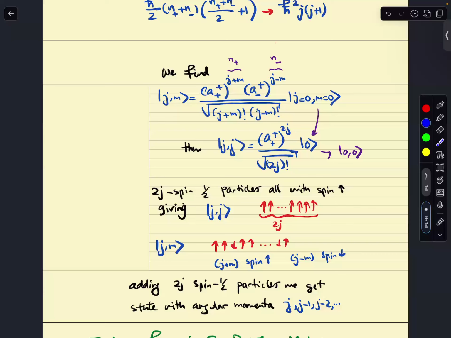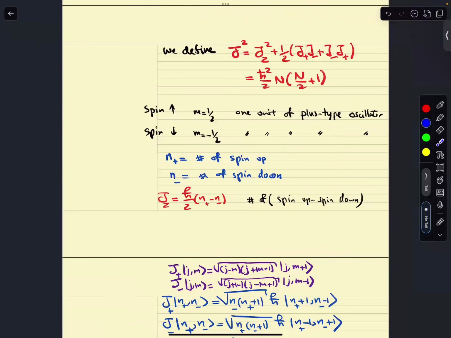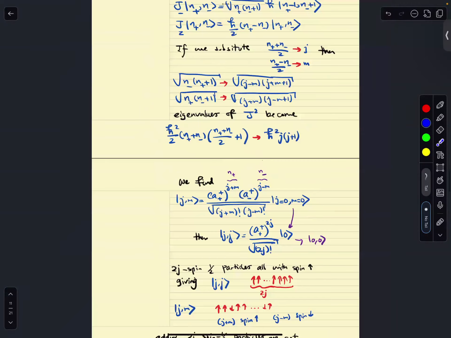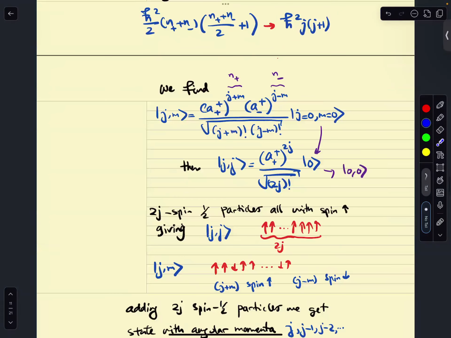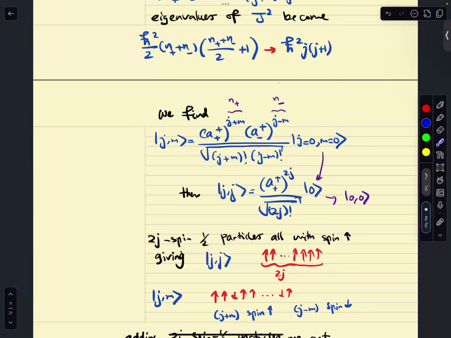Now the ket jm is still these 2j little spin degrees of freedom, where now j minus m of them are down and j plus m of them are up. Right? This is what I meant when I said n plus is the number of spin up and n minus is the number of spin down. Right? Because in this notation, you can see here that j plus m is n plus and j minus m is n minus. Good. So let me pause here. Is this picture clear?